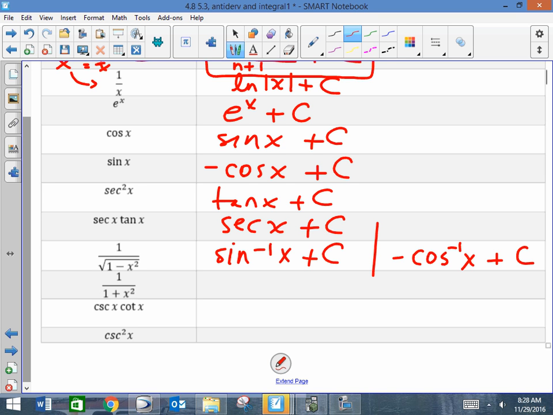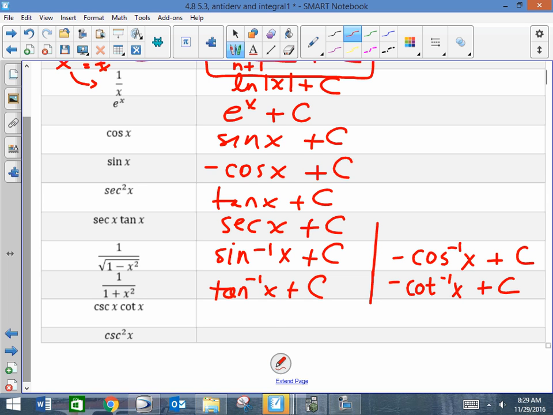Okay. What about this one? 1 over 1 plus x squared. Which one is that? Inverse tangent, or negative inverse cotangent. Negative inverse cotangent. Okay. Which one has a derivative cosecant cotangent?